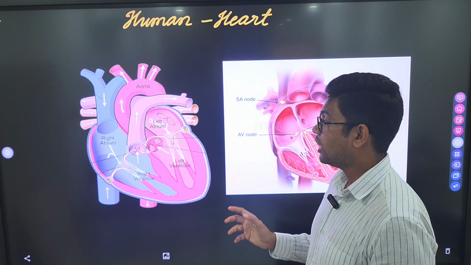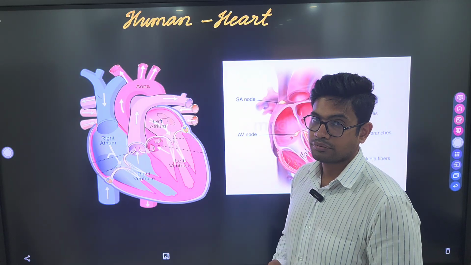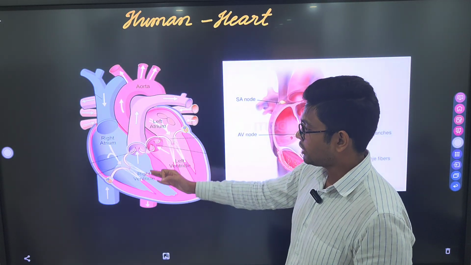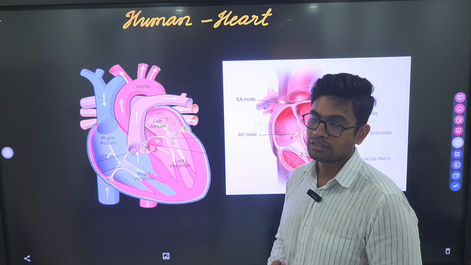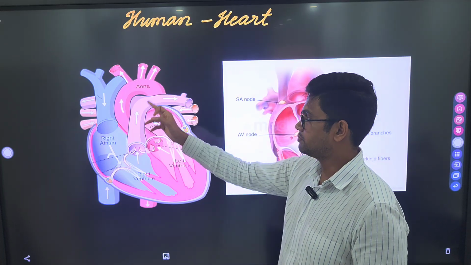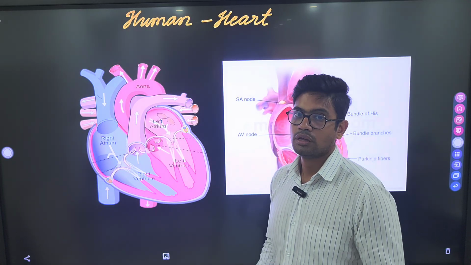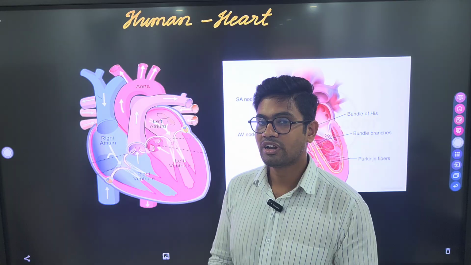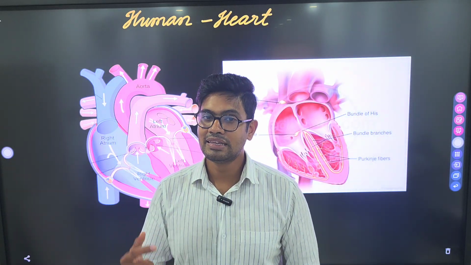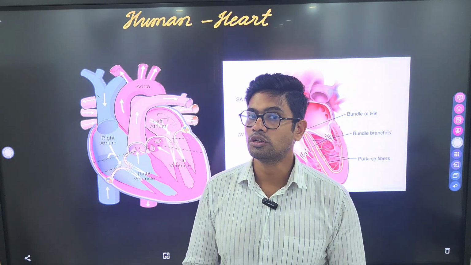So this is how the heart pumps the blood. From the right ventricle the blood is pumped to the lungs, and from the left ventricle it is pumped to the aorta. Each ventricle pumps 70 ml of blood in each ventricular systole, and this is called the stroke volume.